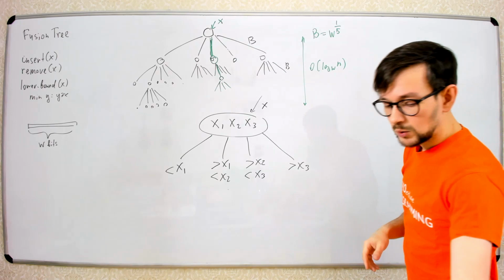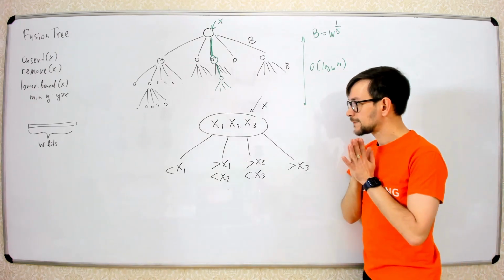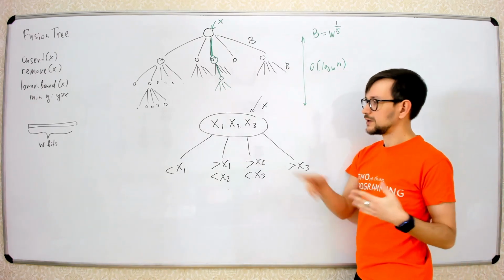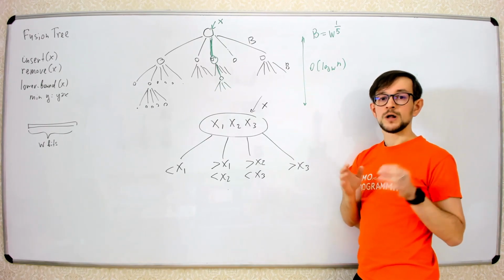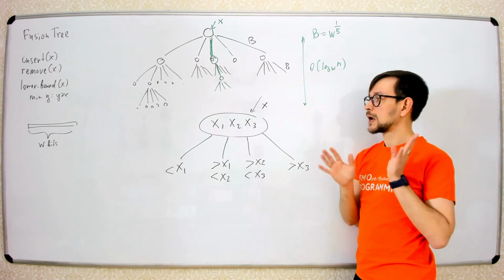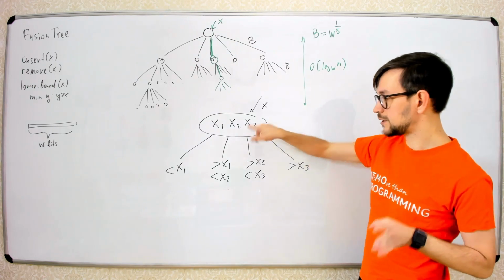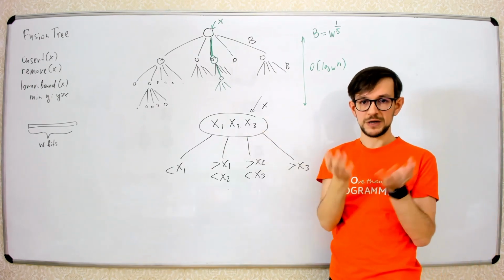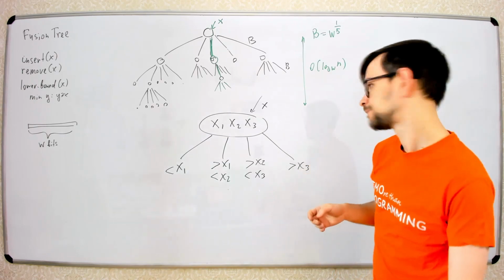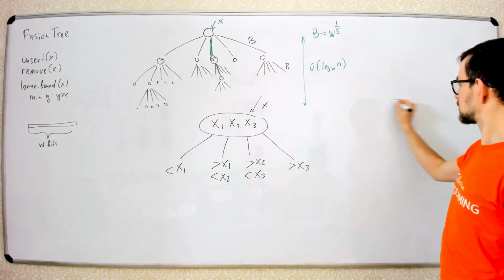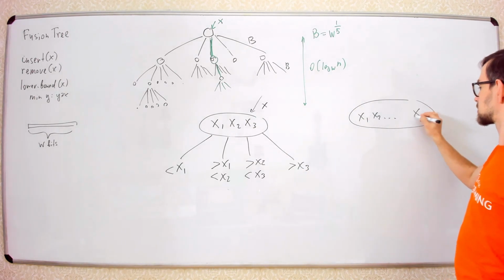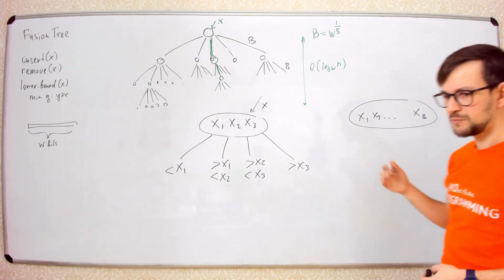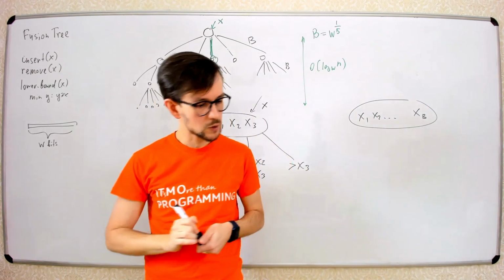So now the only thing you need to do is to calculate the lower bound in this small set of b integers. So now the problem we're solving is the following. We have the node. Inside the node we have b keys. So x1, x2, and so on, xb. Actually b minus 1, but it doesn't matter, so plus or minus 1.